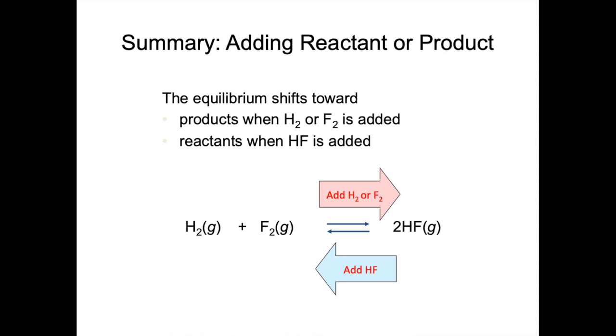By the way, when we describe these shifts, we typically say that an equilibrium shifts towards the product side or towards the reactant side. Or sometimes you'll hear people say it shifts right or shifts left. If something shifts right, that means it's shifting towards the product side, so you're making more product. So adding more reactant will shift the equilibrium to the product side, and vice versa, of course. When you say something shifts left, that means you're making more reactants. You're shifting toward the reactant side.